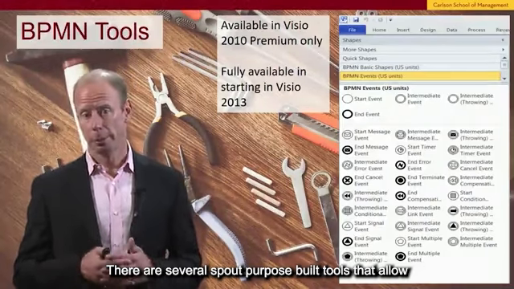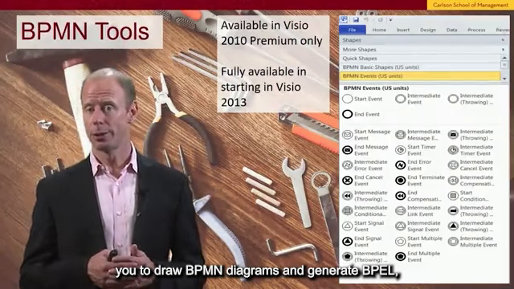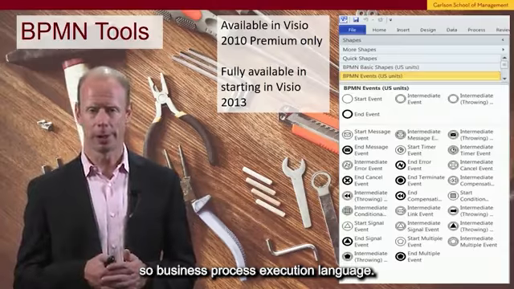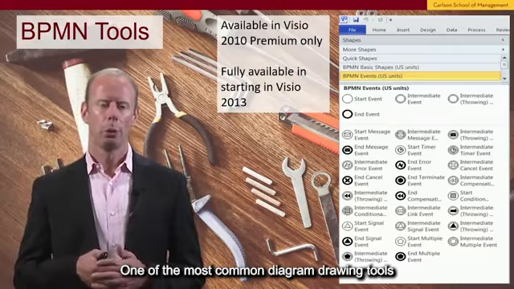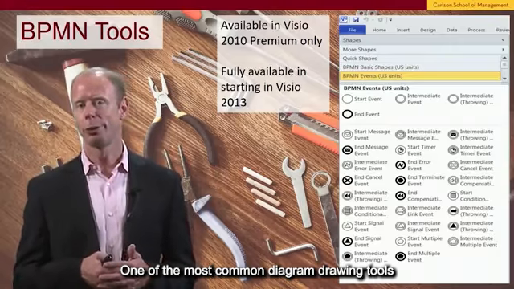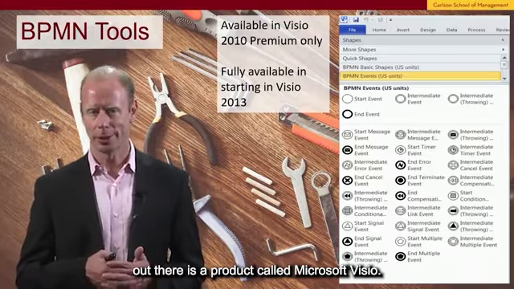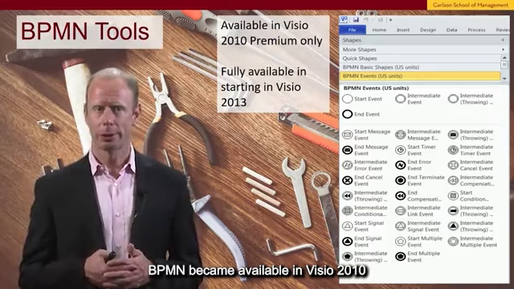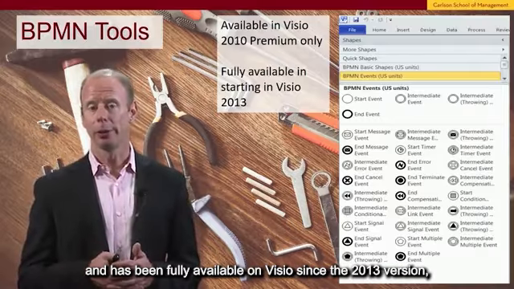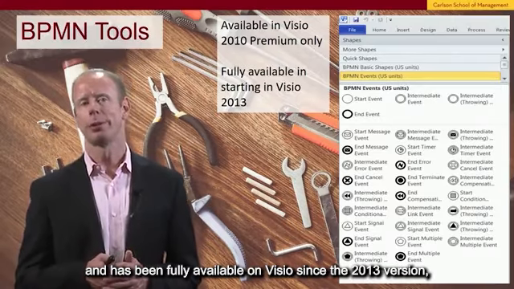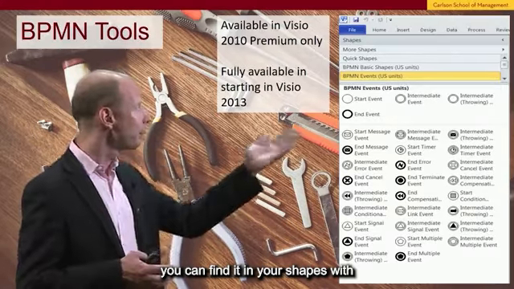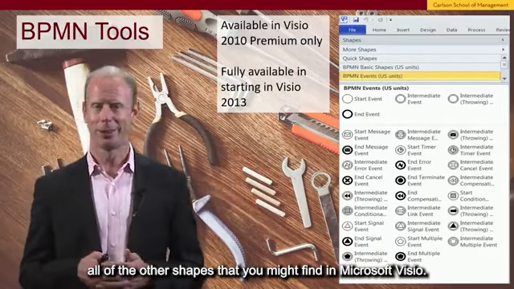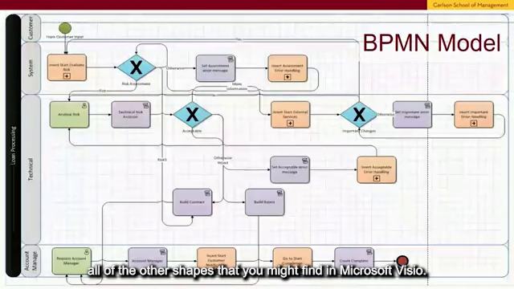There are several purpose-built tools that allow you to draw BPMN diagrams and generate BPEL, so Business Process Execution Language. One of the most common diagram drawing tools out there is a product called Microsoft Visio. BPMN became available in Visio 2010 and has been fully available in Visio since the 2013 version. You can find it in your shapes with all of the other shapes that you might find in Microsoft Visio.